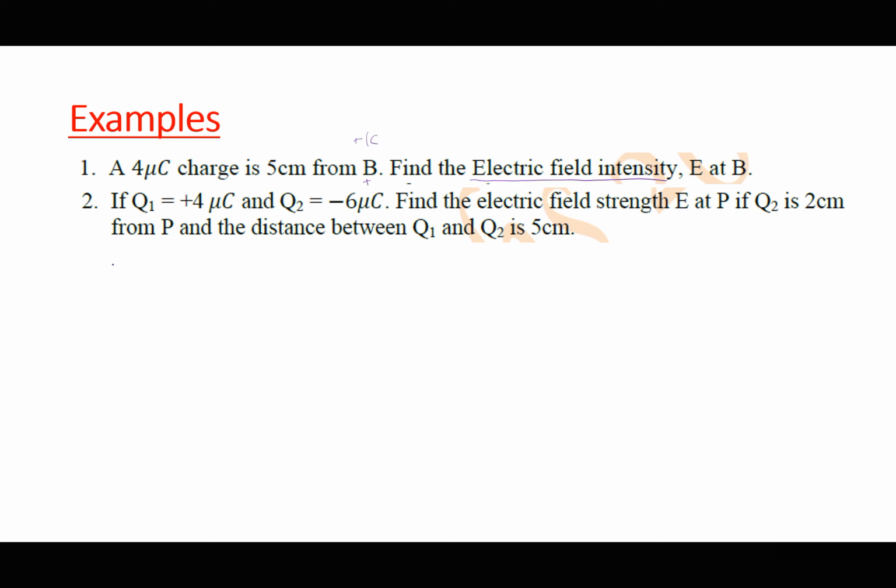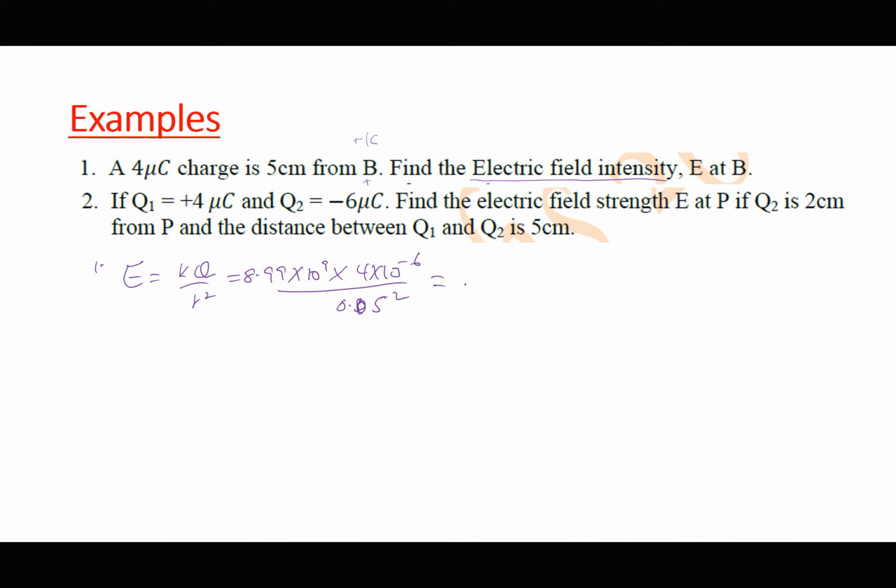Therefore, in our solution for number 1, electric field strength is going to be K times Q over R squared. Remember, K is 8.99 times 10 power 9. I said if the relative permittivity or the permittivity of the media is not given, then we assume the charges are in a vacuum. So K is going to be 8.99 times 10 power 9, then times the charge creating the field, 4 times 10 power negative 6, divided by the square of the separation, 0.05 squared.